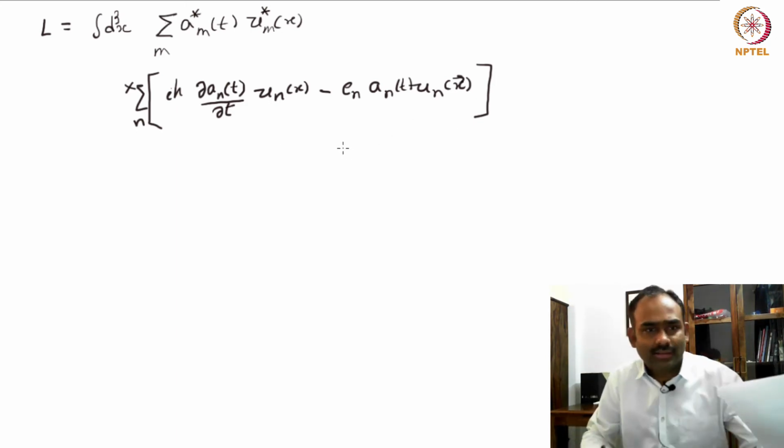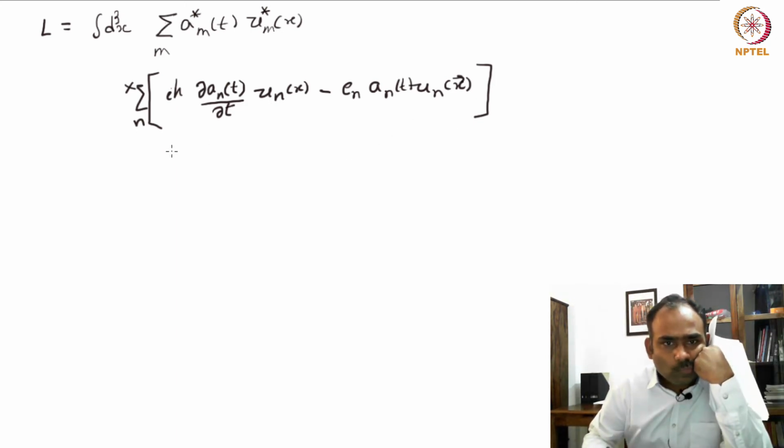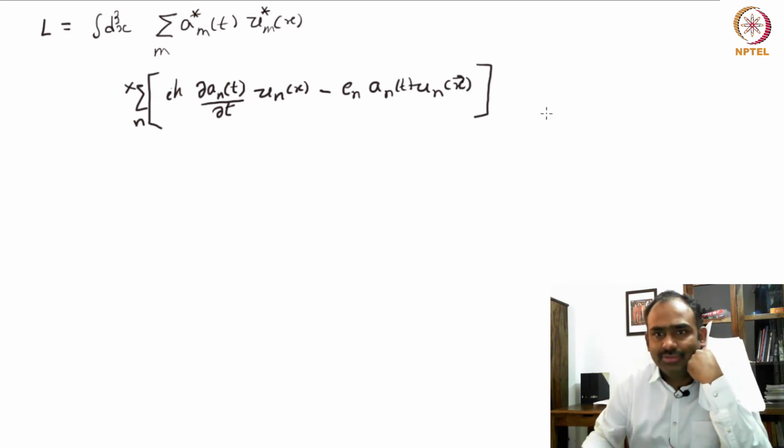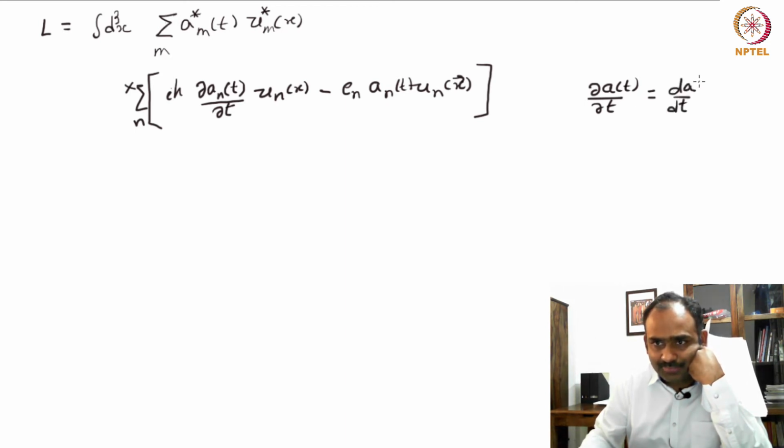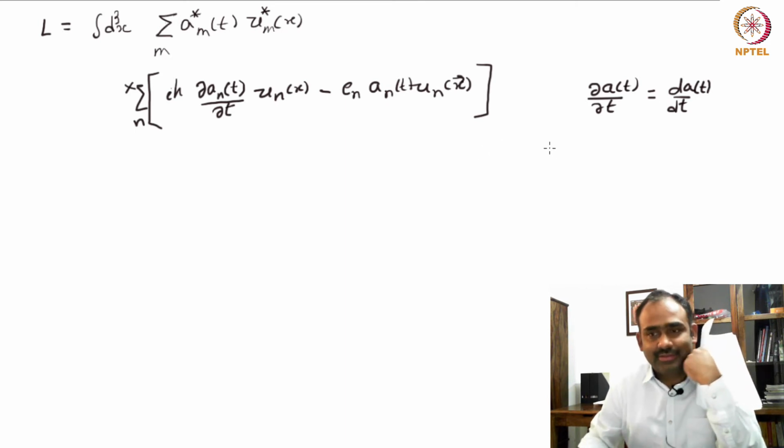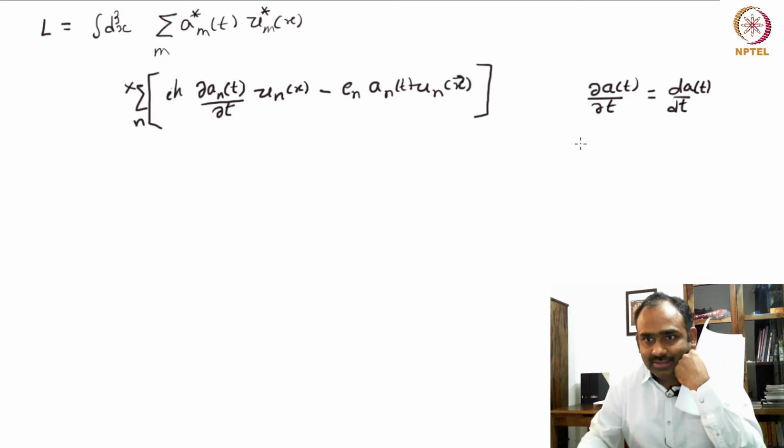Okay, let's collect some terms. First of all, note that del A(t) over del t is the same as dA over dt. There is no distinction because A is a function of t only. It doesn't have some other dependence. You can look at this in more detail.